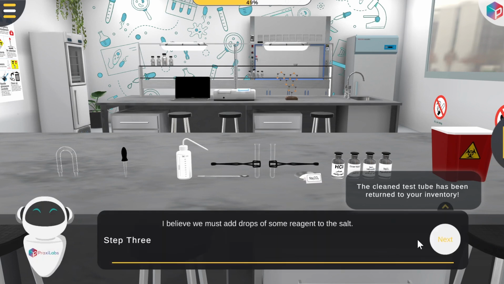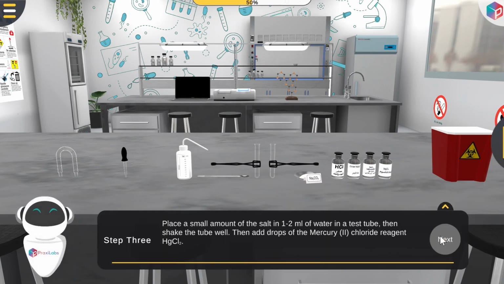Step 3. Now, let's test the reaction of the salt with mercury dichloride, which should produce a reddish-brown precipitate. 1. Place a small amount of the salt in 1 to 2 milliliters of water in a test tube and shake well. 2.